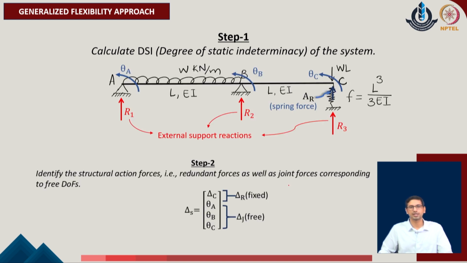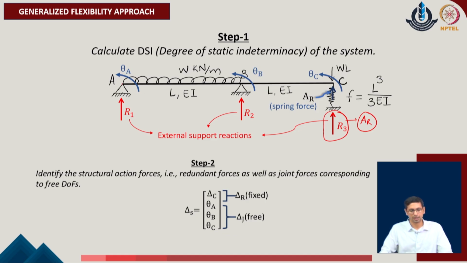As we have already seen, it will remain the same. We have 1 degree of static indeterminacy in the given problem. We can again consider that this reaction is a redundant of the given system, whereas the given system will now also be considered with respect to the free degrees of freedom in the given problem.